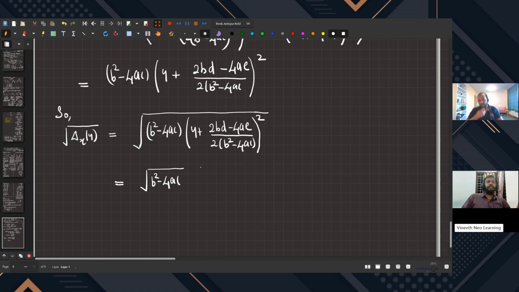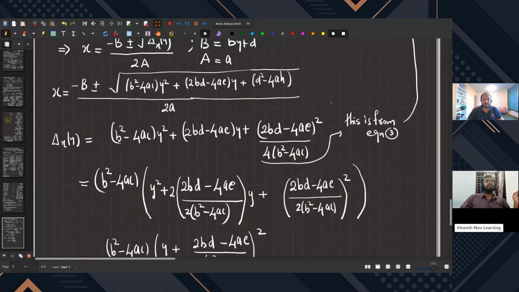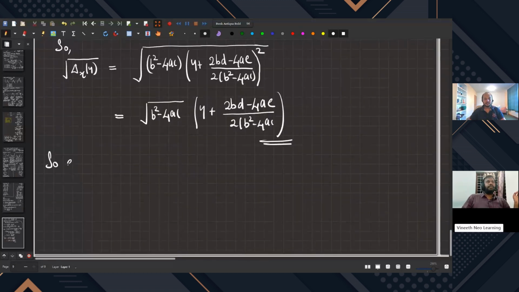That is why we are able to take it out, so that we get this perfect square, and the square root of that perfect square will be just y plus 2bd minus 4ae over 2 times b squared minus 4ac. This is delta x of y. So let me name this equation 4.